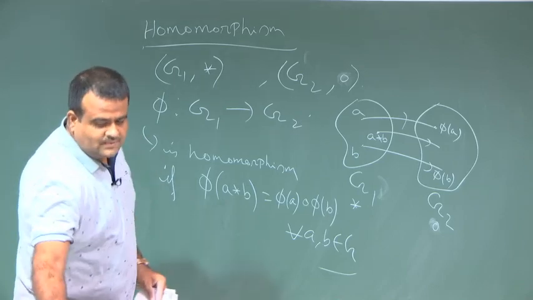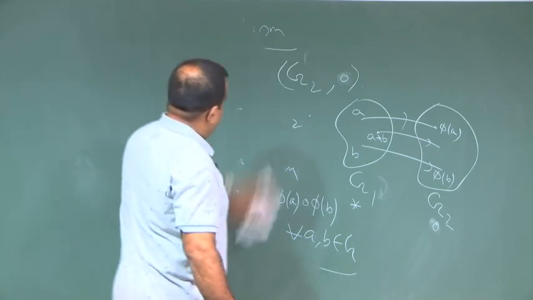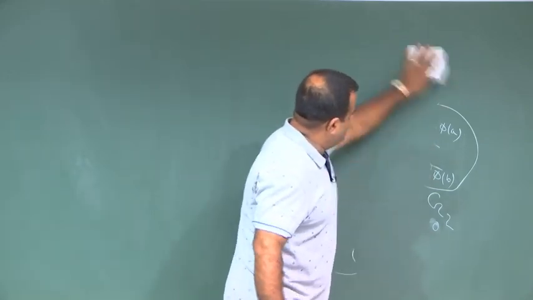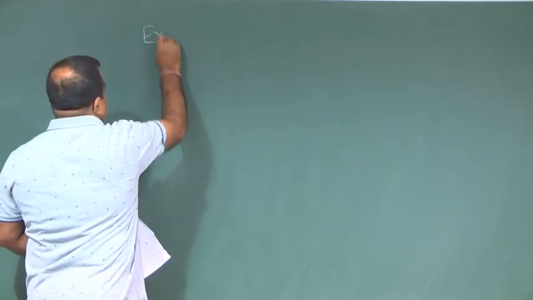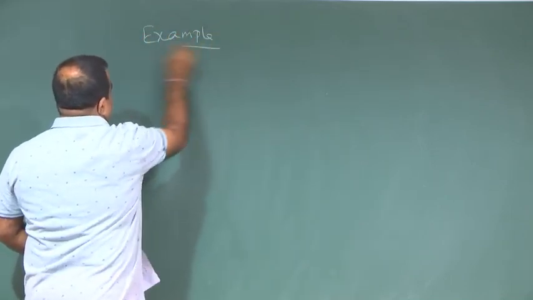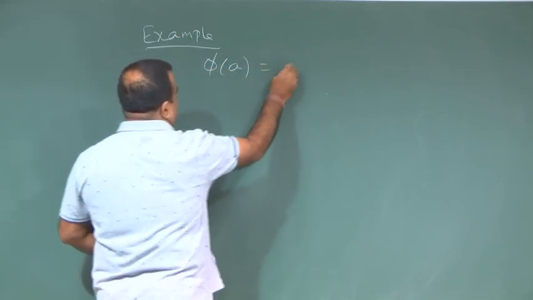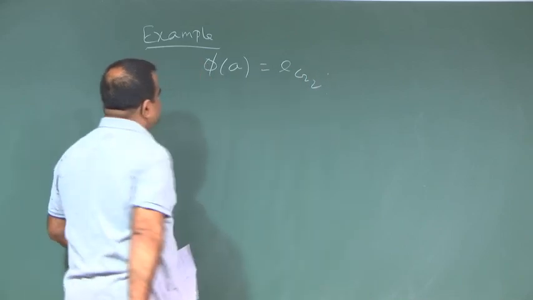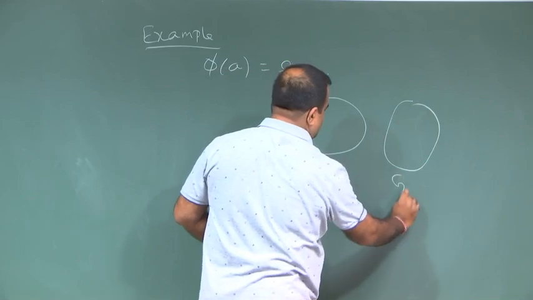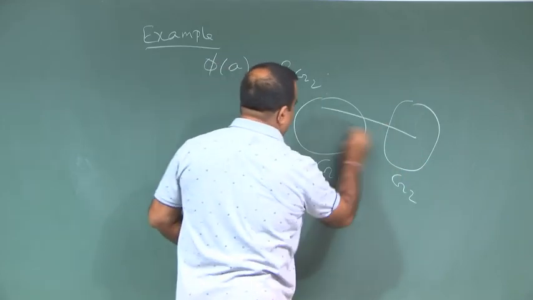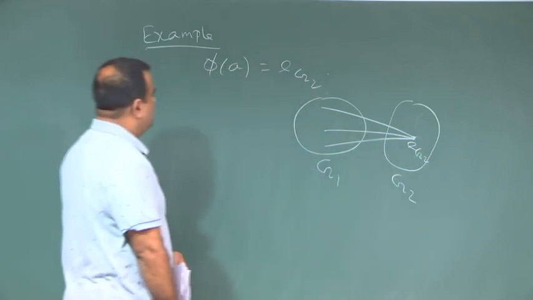So, we can have some examples of homomorphic functions. The trivial homomorphic function is where everybody goes to E of G2. So, we have a function from G1 to G2, and everybody is mapped to E of G2, the identity element of G2.